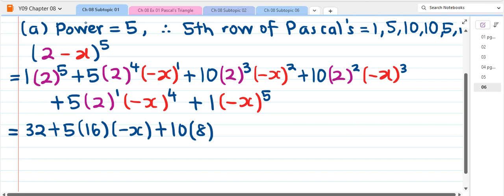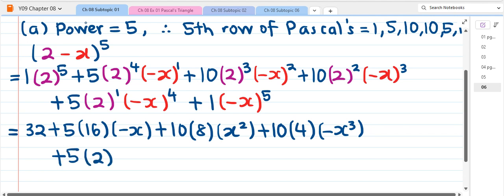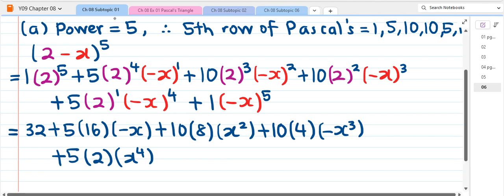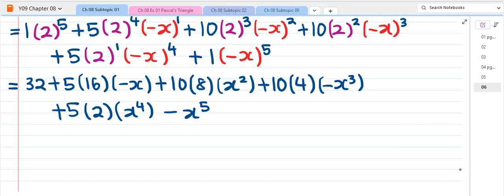And negative x squared is going to be a positive x squared, plus 10 to the power of 2 is 4, and negative x cubed, it's still going to be the negative x cubed, and 5 and 2, and negative x bracket to the power of 4 is going to be a positive x to the power of 4, and positive 1 times negative x to the power of 5, it's still going to be a negative x to the power of 5. So here you can simplify them.